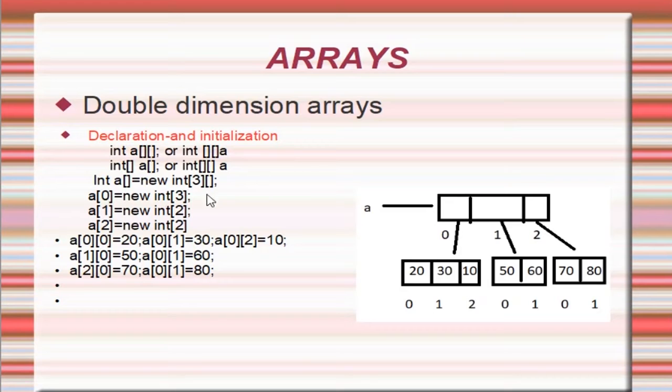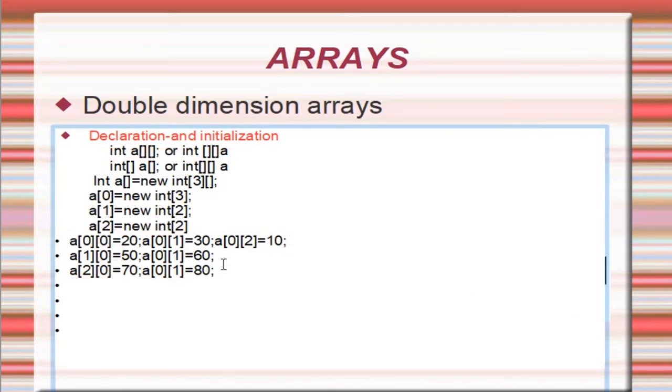Before going to this, there is another way to declare and initialize these arrays. Simply you can take it like this. In 2 dimensions I want to represent, so here 2 curly braces. One is for the outer array and one is for the inner array.